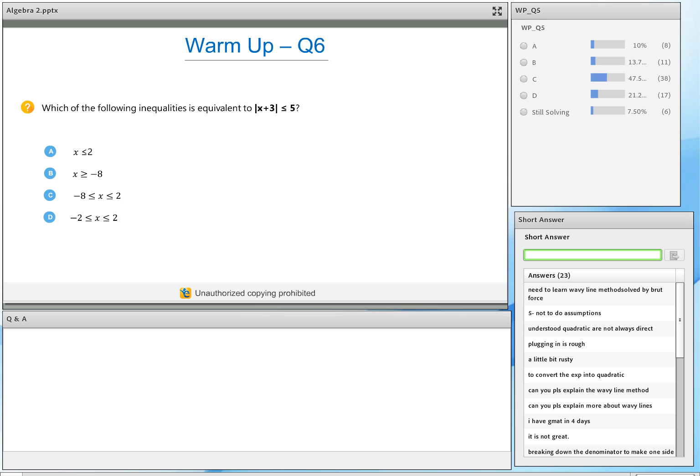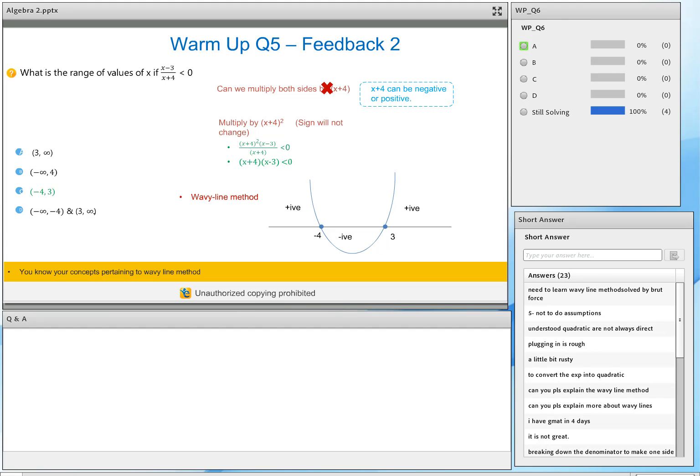Now this is the last question over here in the warm-up section. Can you please click on still solving?